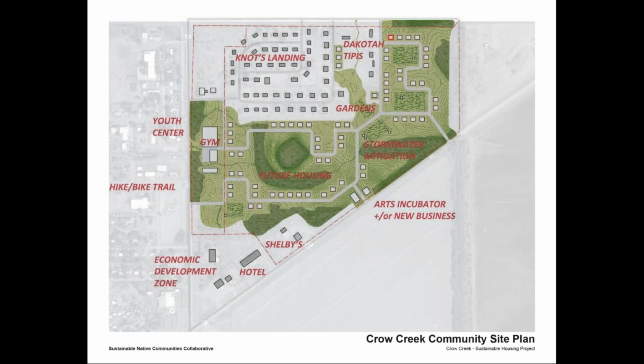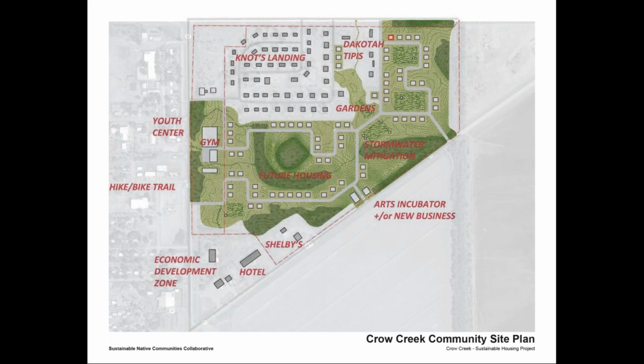Knott's Landing to the north is that old housing development that the community is not necessarily excited about. I think with the integration of this new development, we would actually try and rethink Knott's Landing and give value to it in terms of capital improvements and redevelopment.